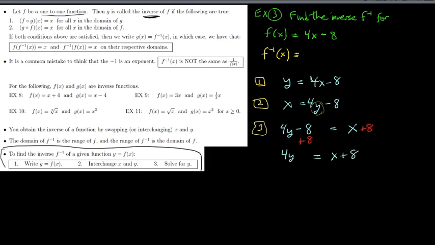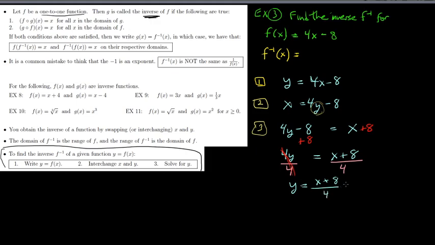Now, this is 4 times y. If we want to solve for y, we have to divide by 4. So divide both sides by 4. The 4 divided by 4 is 1, the 4's cancel. So now we have y equals x plus 8, the whole thing divided by 4.